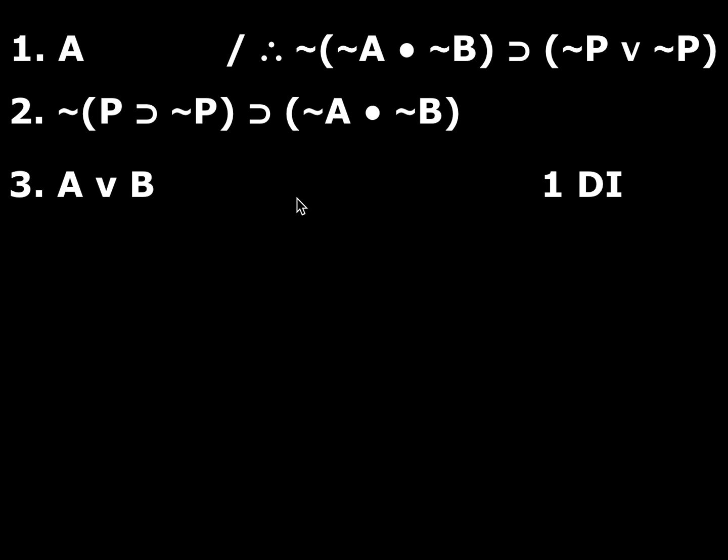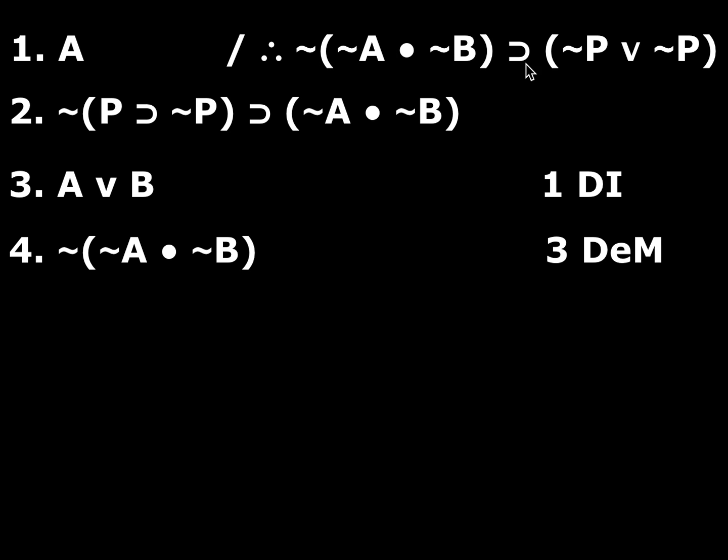So I'm going to go A or B, that's by DI on line 1, and then do De Morgan's on that to get not A and not B. This is exactly the same thing we did in the previous proof. I had a statement, I disjoined something to it, and then did De Morgan's so that I could get a negated conjunction.